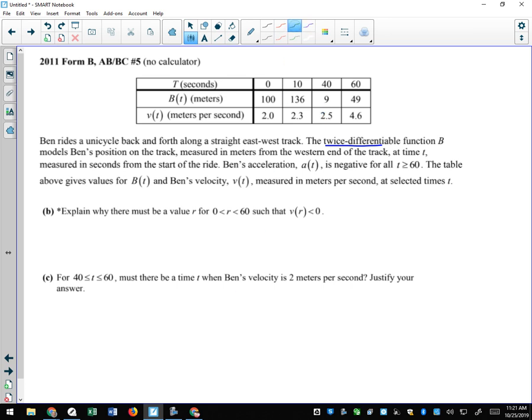What if, instead of v of r is negative, I said that b prime is negative, because v is the derivative of b? Because that's the same relationship. Does that help you look at that chart and find something to indicate a negative derivative of b?